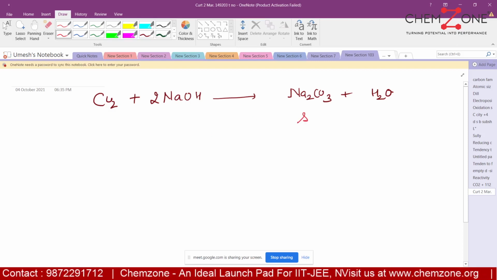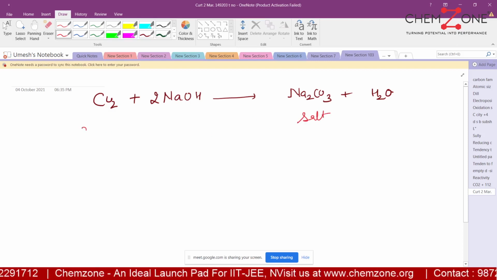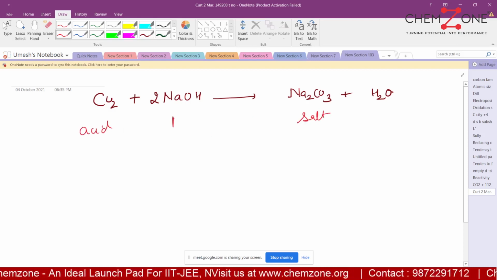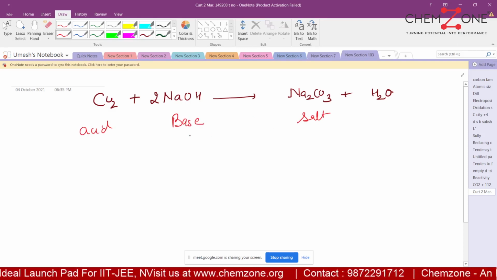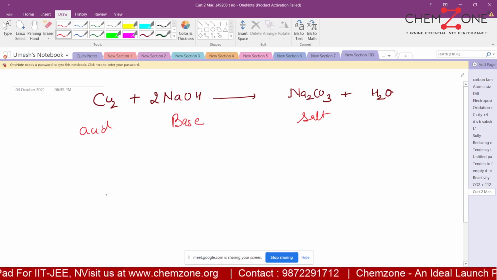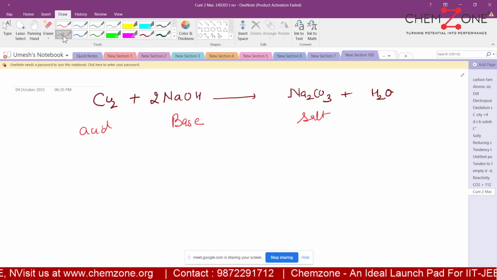So you can see a salt is formed when an acid combines with a base.